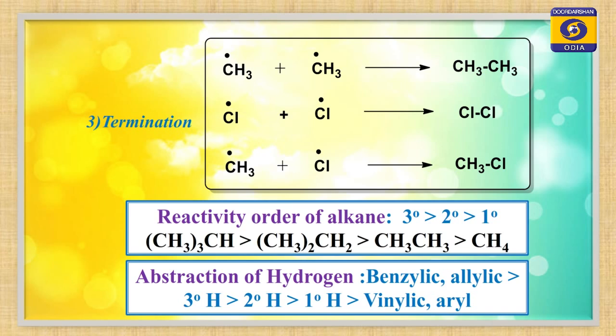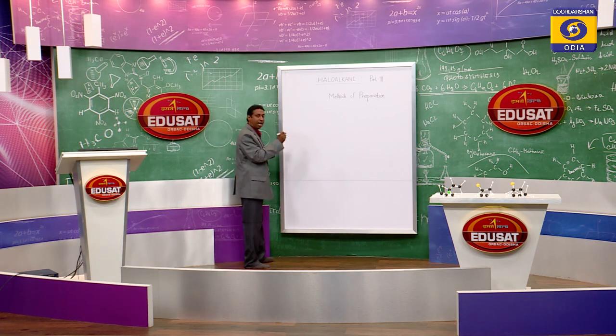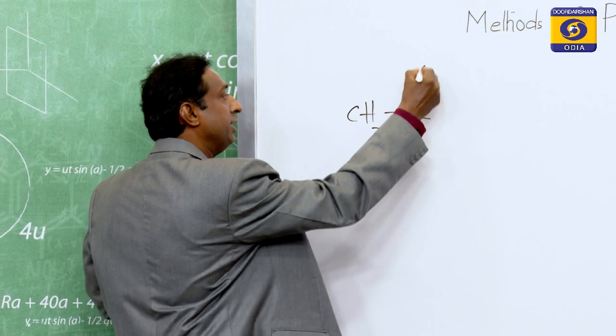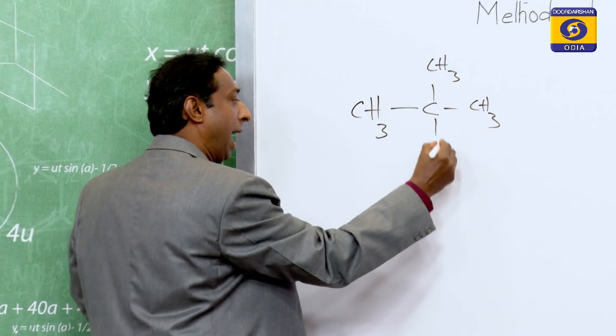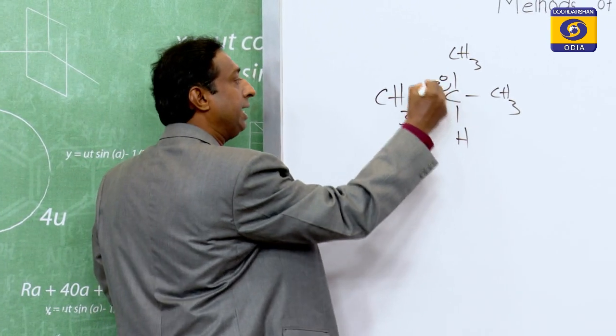For example, 3 degree carbon means this one. Look at this one. This is called 3 degree carbon. For example, you have an alkane CH3 single bond C, then CH3, then CH3, and you have a hydrogen atom here. This carbon is called 3 degree carbon.